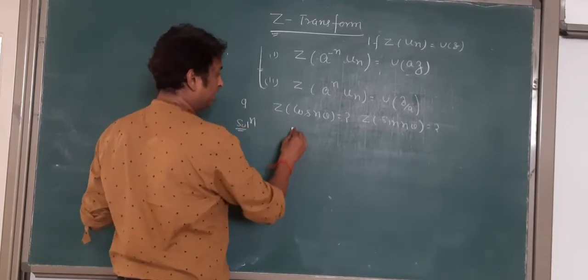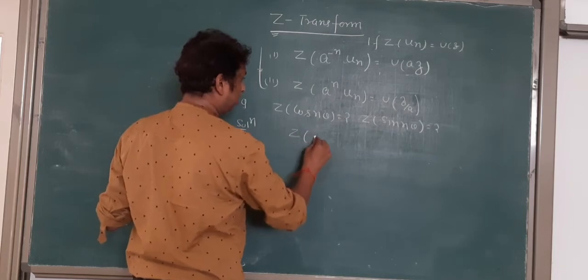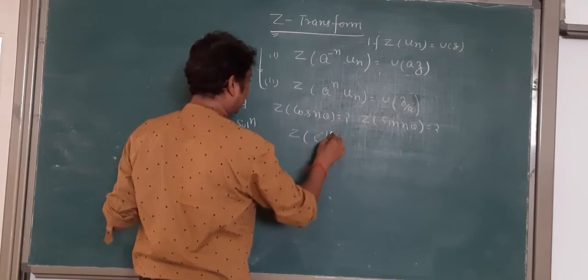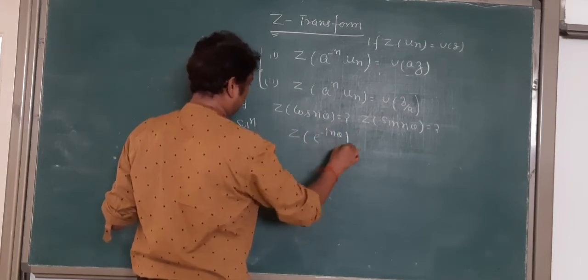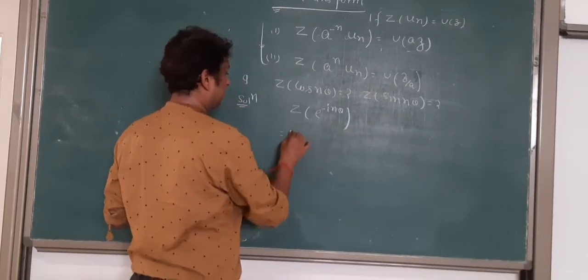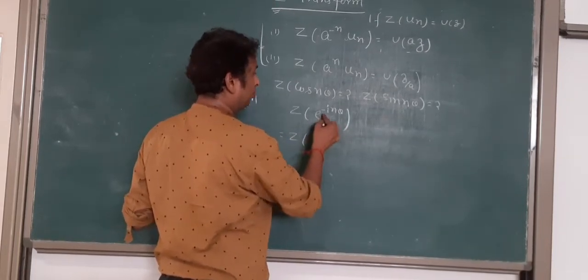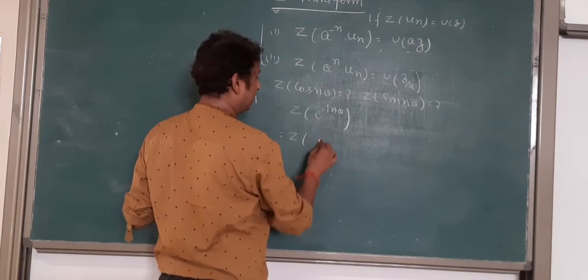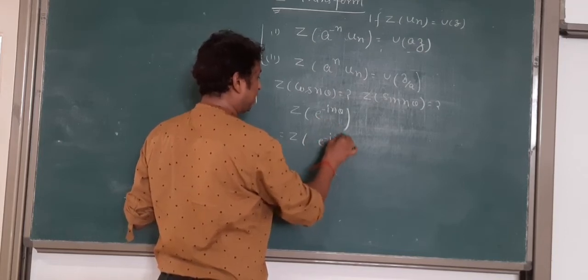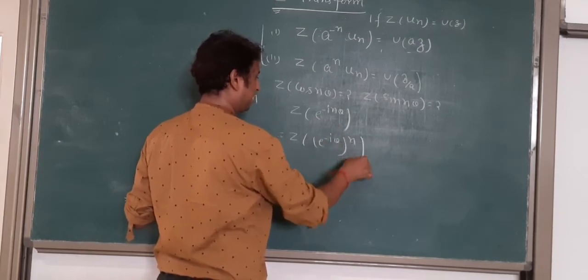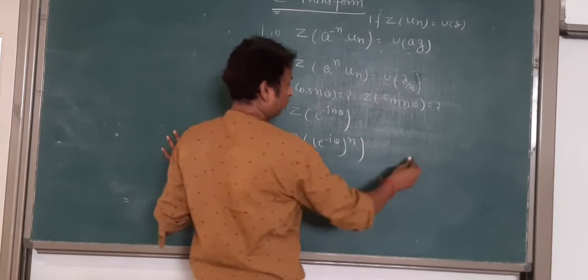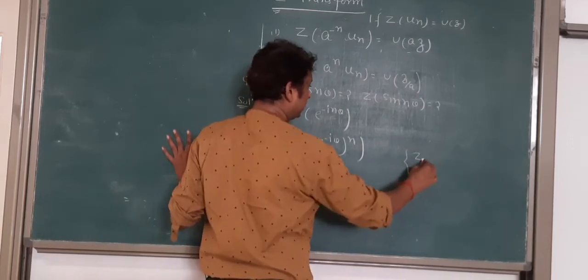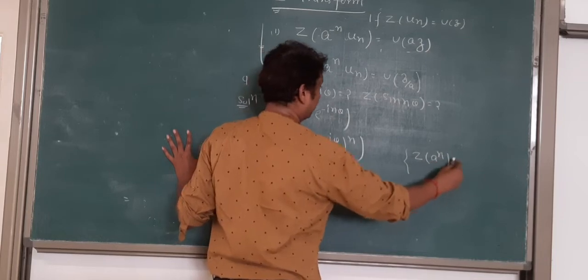It's so easy. We know Z of e to the power minus iota n theta, which is e to the power minus iota theta, all to the power n. Correct? And we know the Z transform of a to the power n.